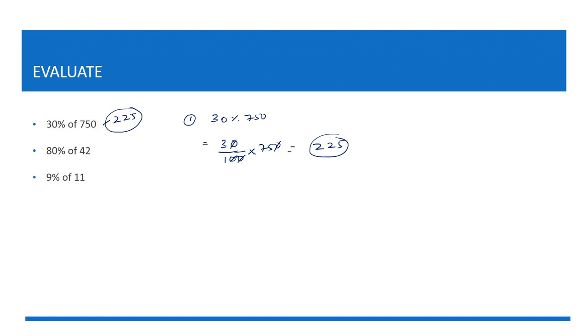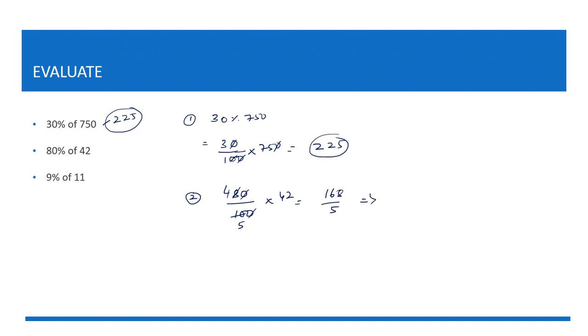Right. Let us check out the second one, that is 80% of 42. 80 divided by 100, that into 42. So cancel it here. Then 5s are 2, 5s are 2, 4s are. Then again you have to go with this. 42 4s are 168, that divided by 5.